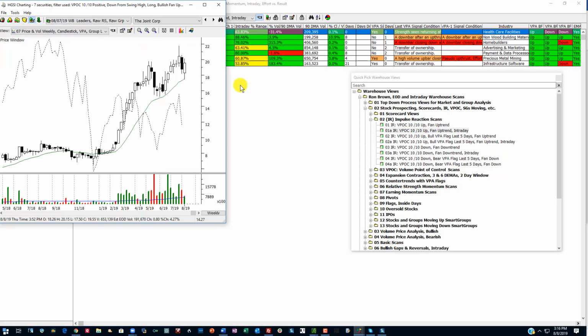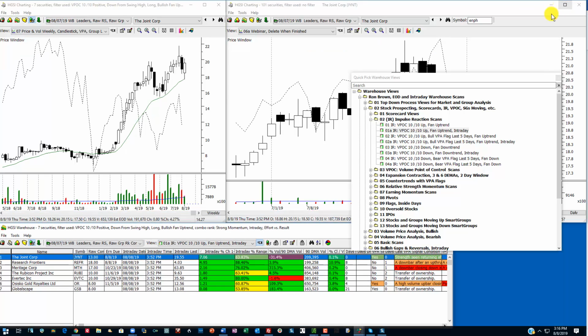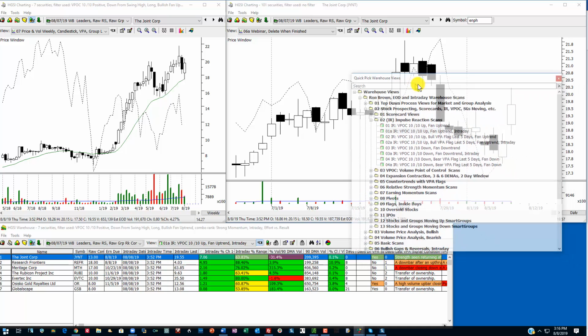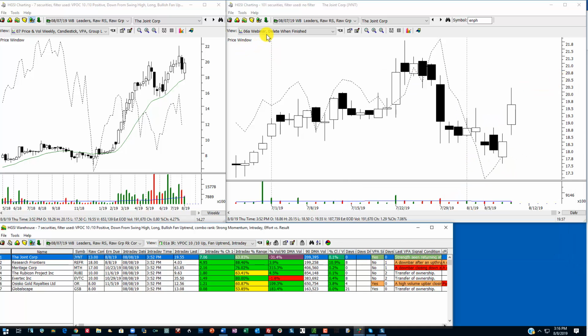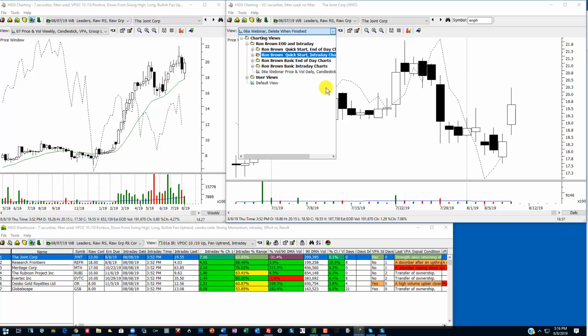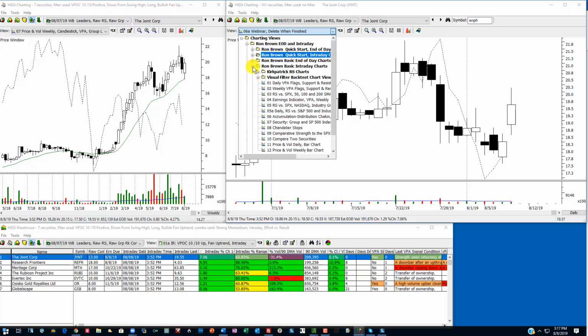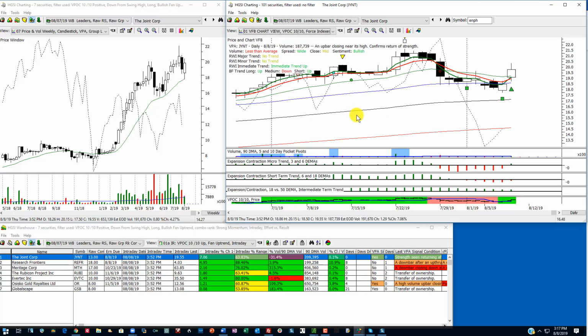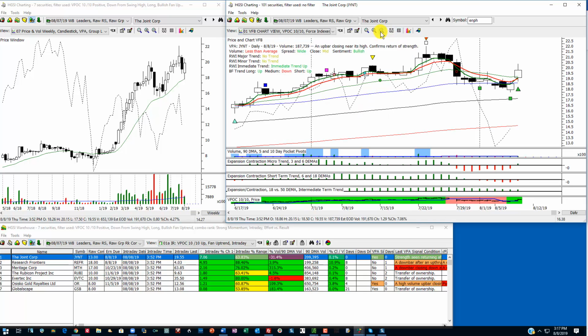So what I'm going to do is minimize these, and in this window over here, I'm going to do this. I have a tendency to go too fast, I think. If I do, just tell me to slow down. I'm going to go into this visual filter backtest charts folder and use number 1. And then I'll zoom out.